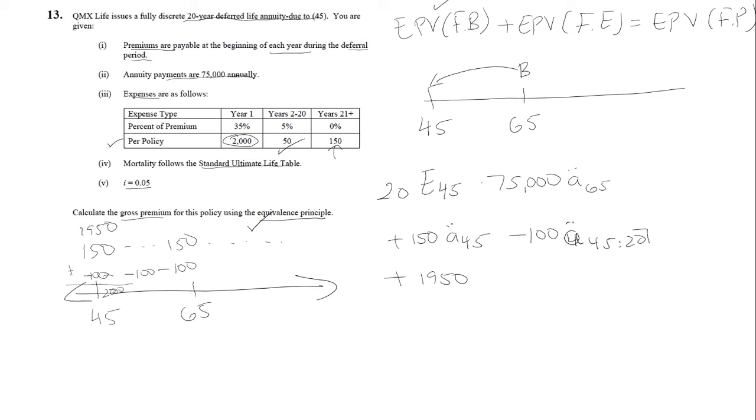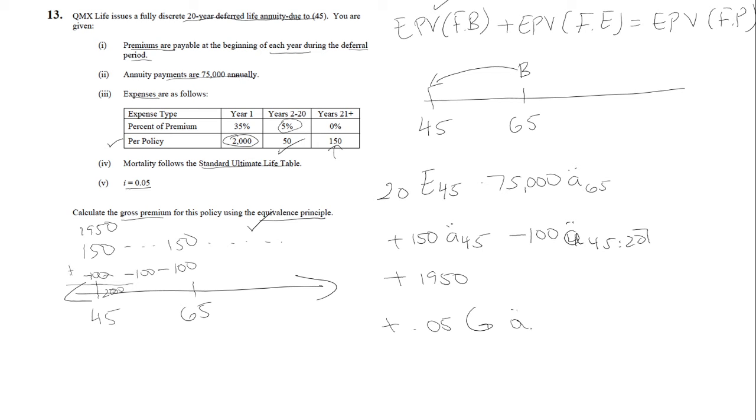We want percent of premium. So you always look at the most right on this table. So obviously 0%, we don't need that. So we'll start with the 5% here. So that's going to be 5% of premium, and it's only going to be, well, it says years 2 through 20, but we're going to do it years 1 through 20.